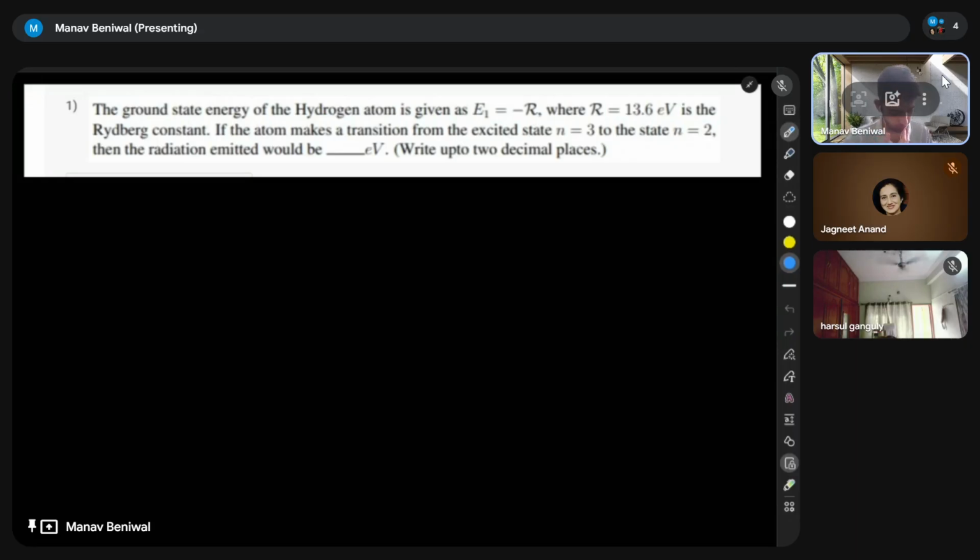So we have n equals 1, n equals 2, n equals 3, and the energy for the ground state is 13.6 eV, and the transition is happening from n equals 3 to n equals 2.